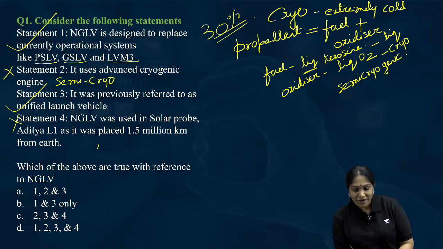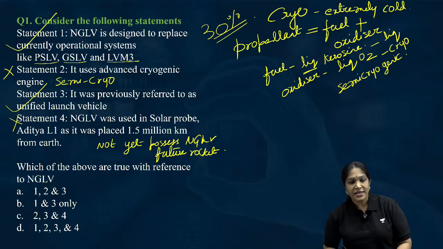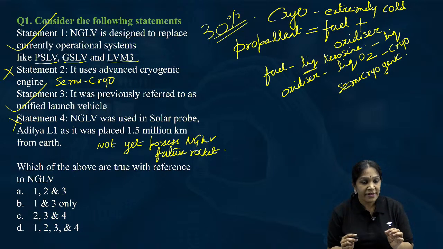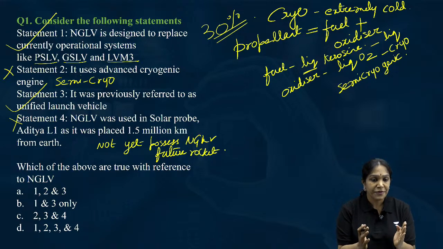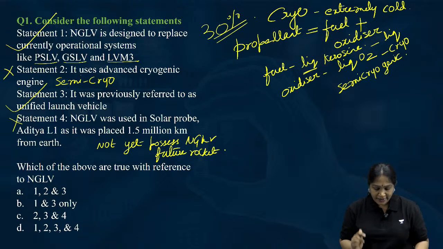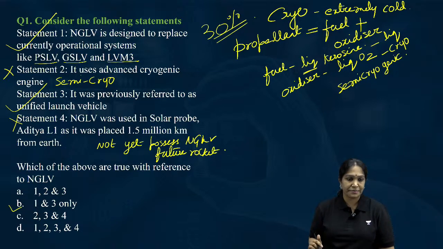We do not yet possess NGLV. This is a future rocket. Is it clear? Okay. And Aditya L1 was launched on the workhorse of ISRO, the PSLV XL. So this is wrong. And the correct answer is B. 1 and 3 are the correct statements.